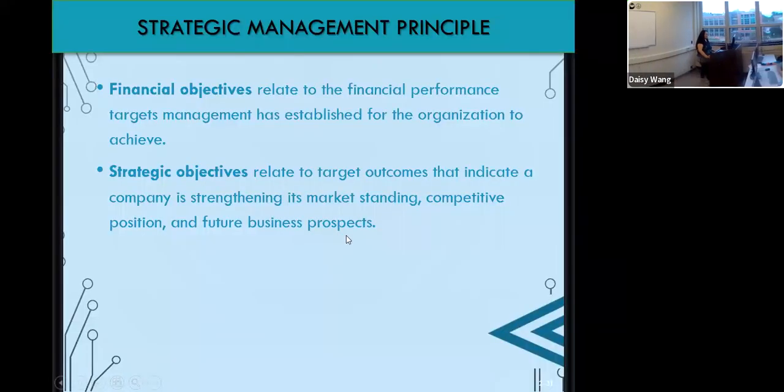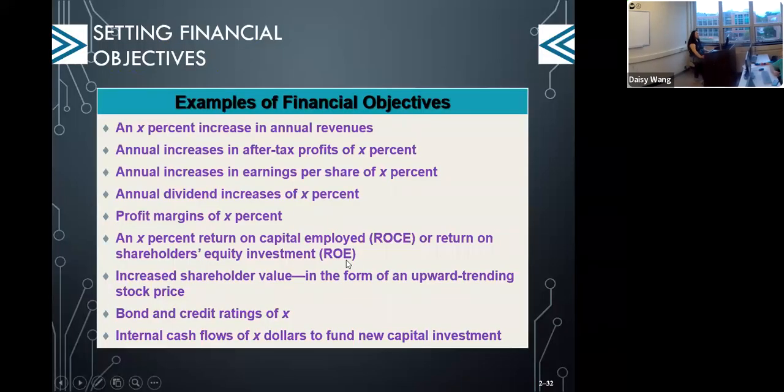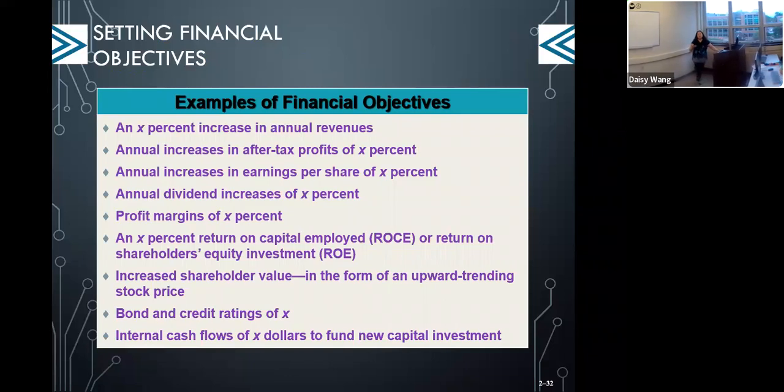For the financial objectives, we have, for example, a certain percent increase in annual revenues, which we can see on the income statement. Annual increase in after-tax profit, a certain percent, also on the income statement. Earnings per share, a certain percent, also income statement. Dividend increase, a certain percent. Profit margin, a certain percent.